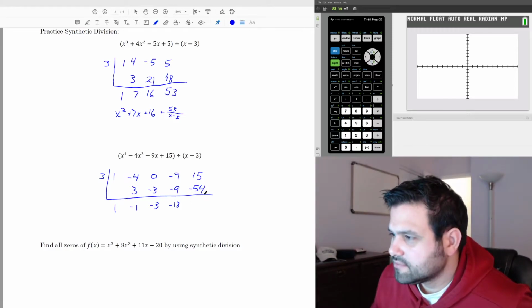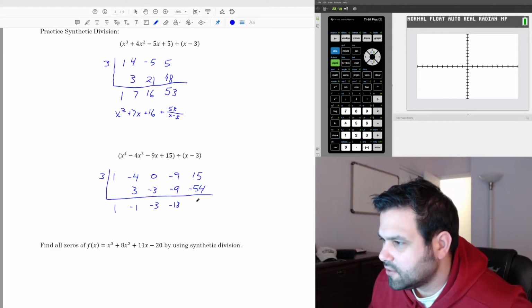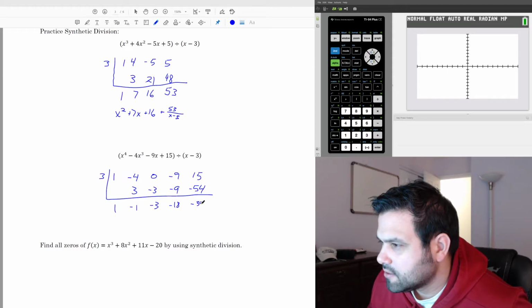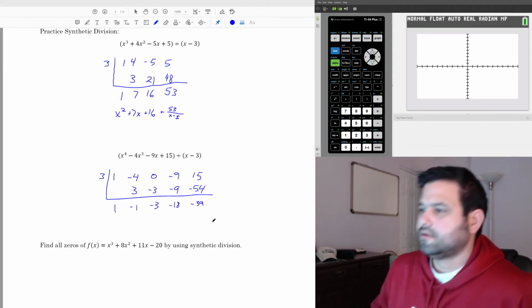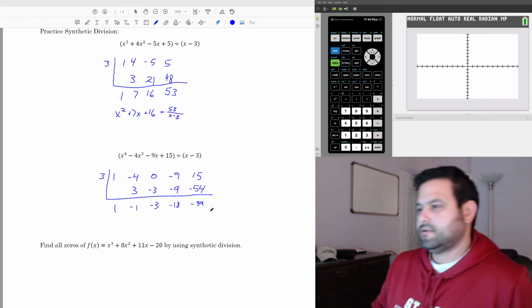And then add these. And what do I get here? Negative 39, I think.